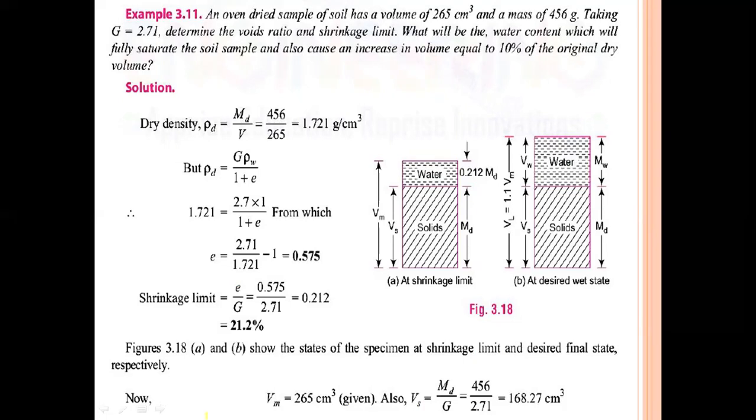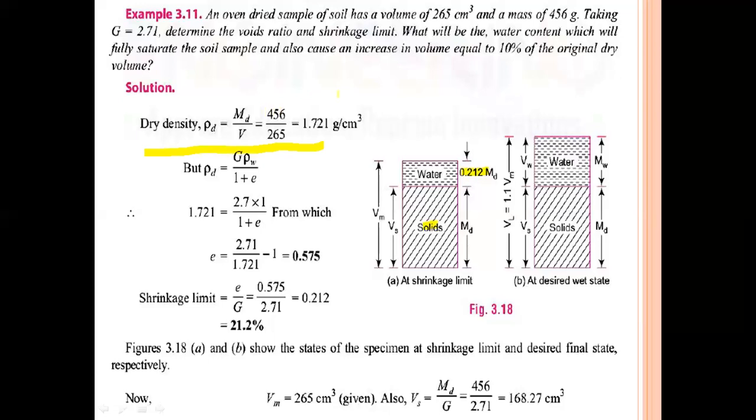Here are given the state at the shrinkage limit and the dry and wet states. See the figures. The water content is 0.212. We find the shrinkage limit as 21.2%. So first we find the dry density, rho d equals md by V. Rho d means dry density, md means mass.